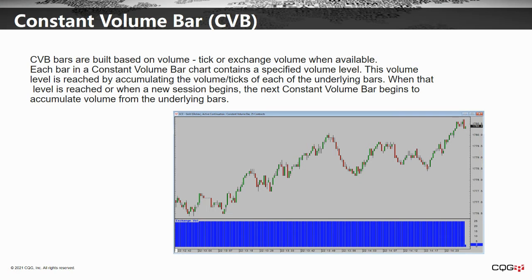Each bar in a constant volume bar chart contains a specified volume level. This volume level is reached by accumulating the volume or ticks of each of the underlying bars. When that level is reached, or when a new session begins, the next constant volume bar begins to accumulate volume from the underlying bars.